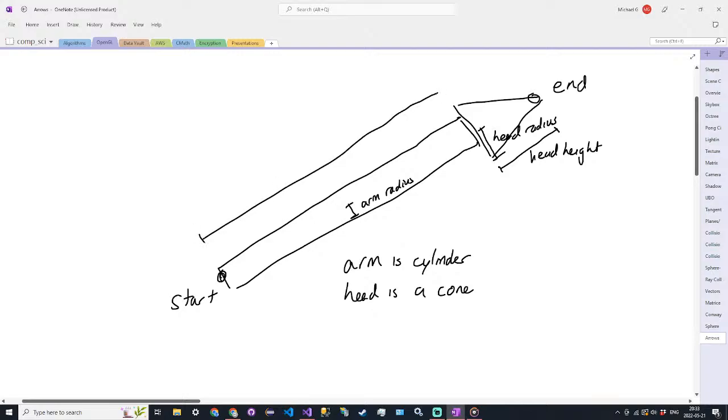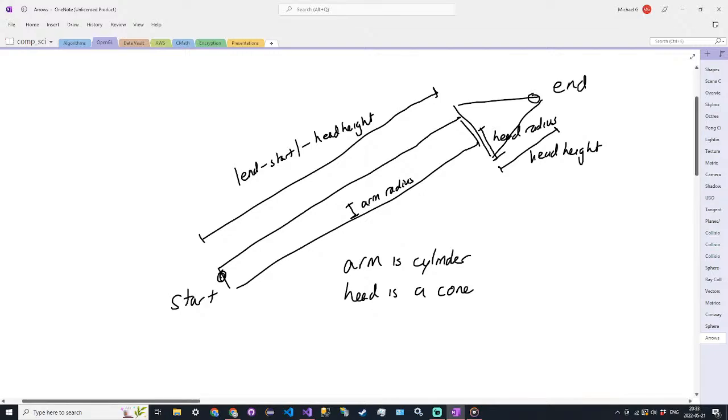This length here is just the magnitude of end minus start, minus the head height. So that can be derived from the rest of the parameters. The cylinder has a height and a radius, and the head has a height and a radius as a cone.